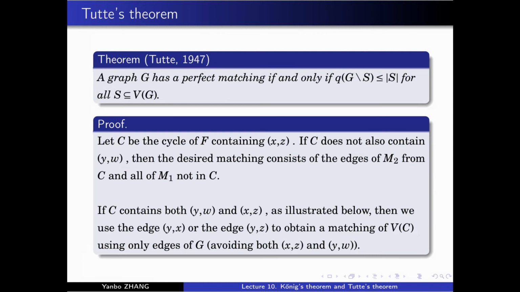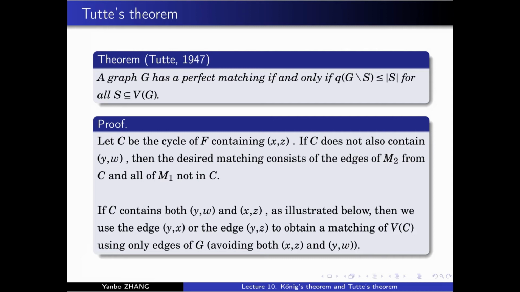Let C be the cycle of F containing xz. If C does not also contain yw, then the desired matching consists of the edges of M2 from C and all of M1 not in C. This matching avoids xz and yw, so it is a perfect matching in G.